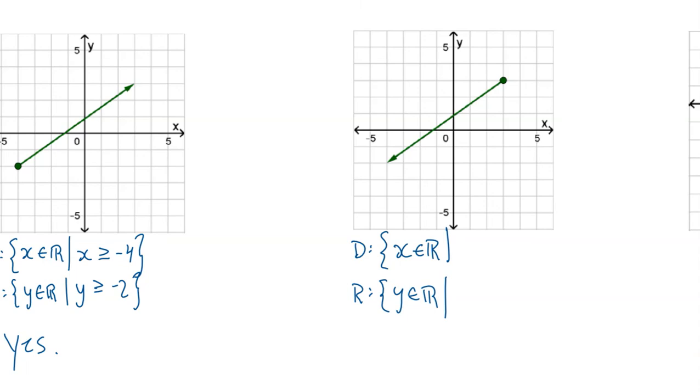So this one's going left forever and down forever, but not the other direction. So x will always be below positive 3. It'll never be bigger than positive 3. It'll never be 4. It'll never be 5. A really good strategy, if you're stuck on a question, is pick real numbers.